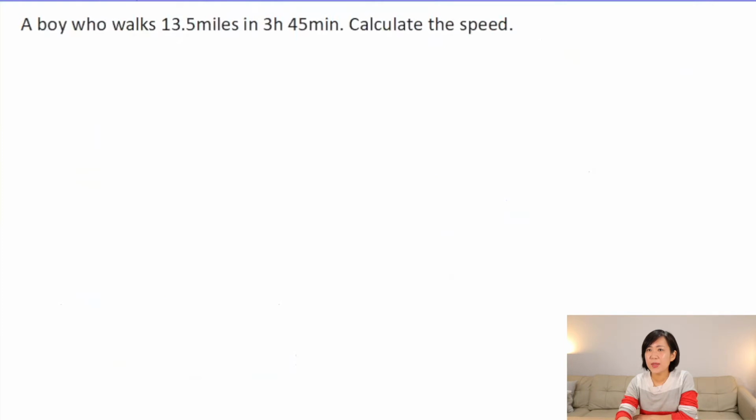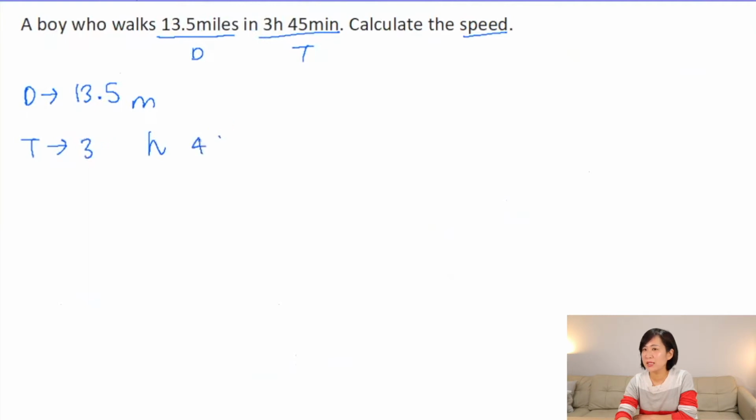Let's practice with another question. A boy walked 13.5 miles in 3 hours 45 minutes. Calculate the speed. Always begin with the DTS triangle. Identify your parts. D is 13.5 miles, and time is 3 hours and then 45 minutes. So you change the minutes into hours later, okay?